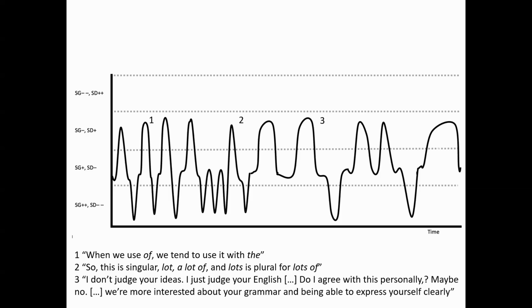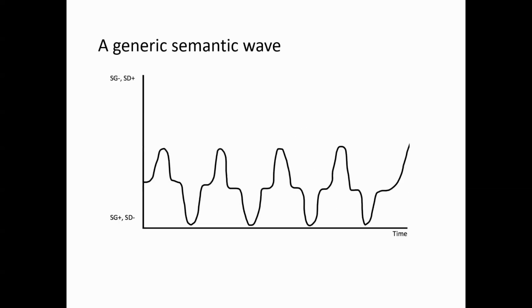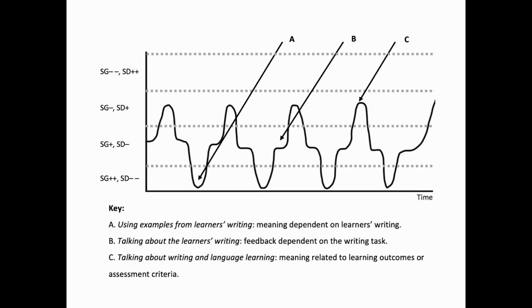The different widths here are the amount of time the teacher spent talking about different things, but the generic pattern is the one I've tried to draw here: examples from the learner's writing, then talking about the writing, and then talking about writing and language learning.